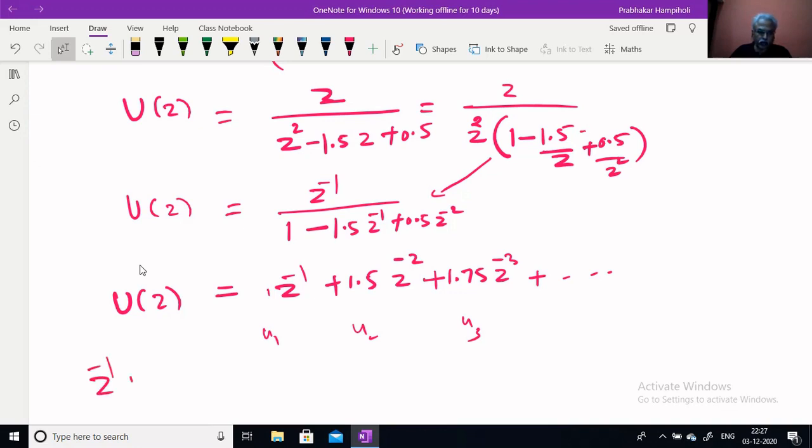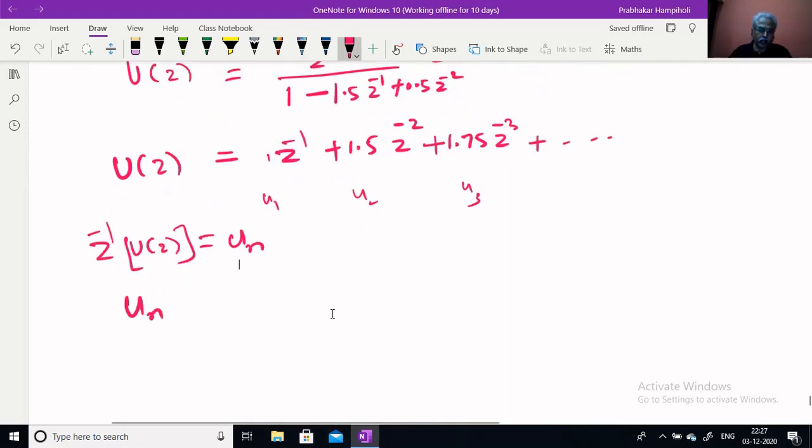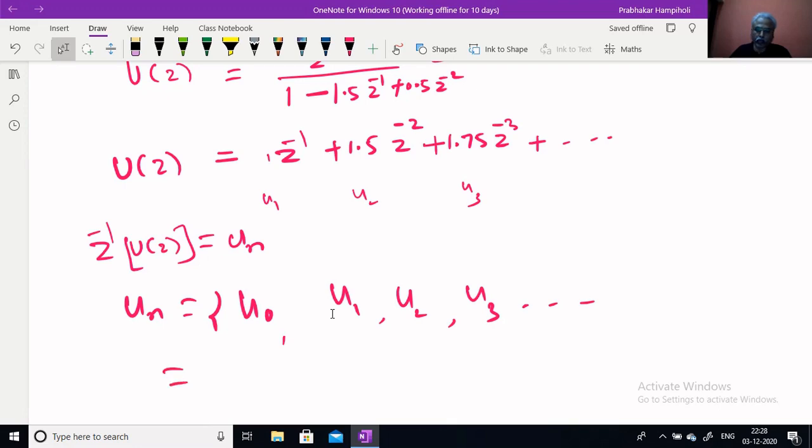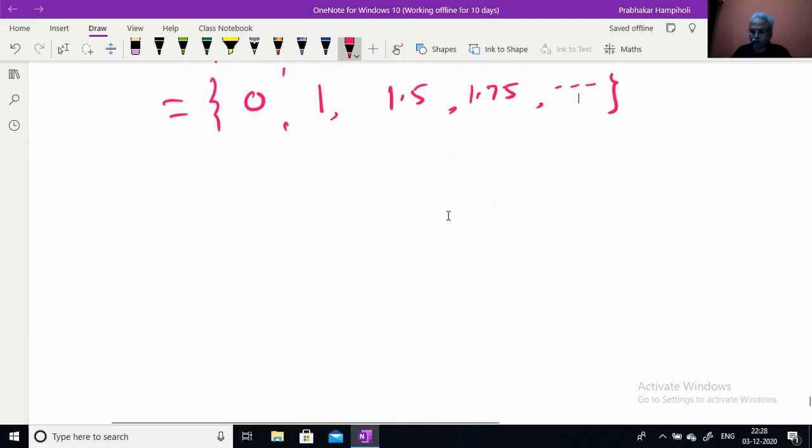So the z inverse of this function, sometimes you will get un in terms of discrete values, where un is u0, u1, u2, u3 and so on. By observation, u0 is 0, the coefficient of z raised to minus 1 is 1, next is 1.5, next is 1.75. Sometimes this becomes the answer, where directly you cannot find un in terms of n.